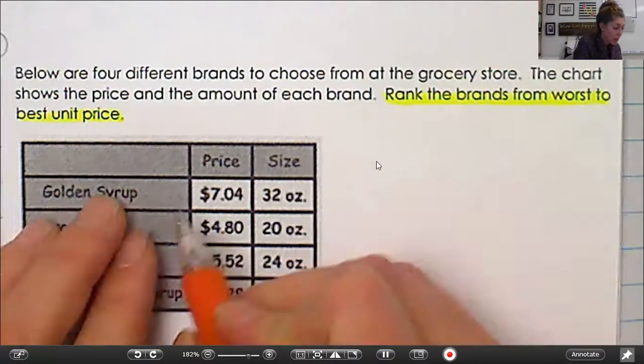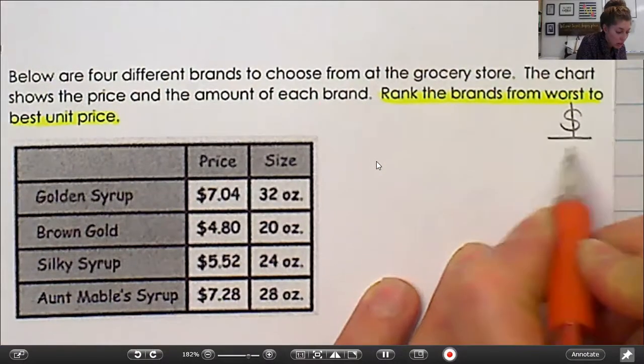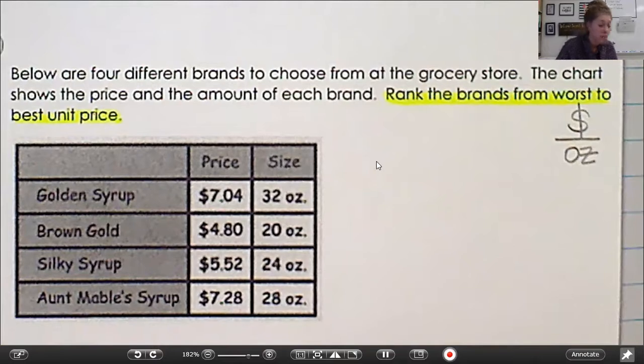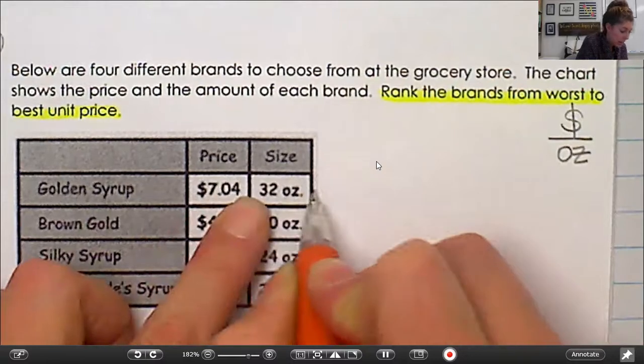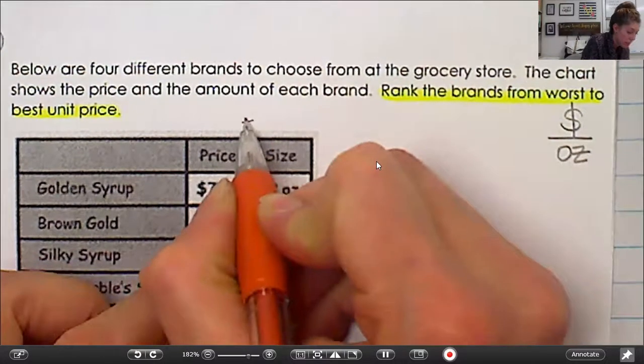So we're going to set it up. I want to set it out to the side of dollars per ounce. Dollars per ounce. And we really are going to do each one dollars divided by ounces. I'm going to put the division symbol up here so we don't forget that.